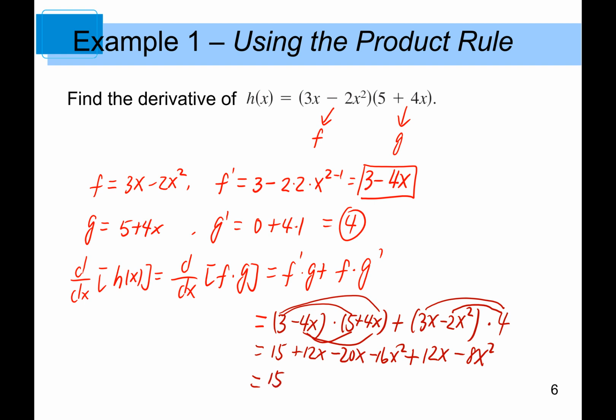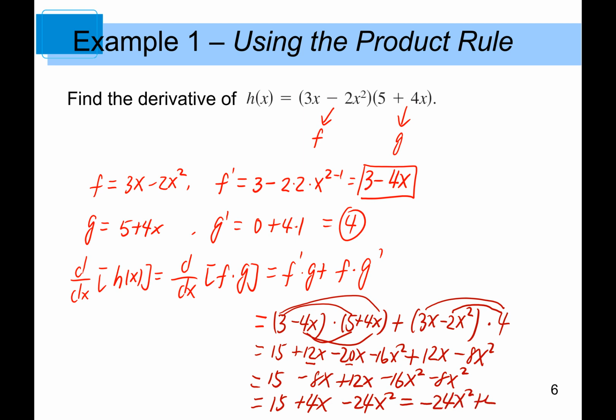So 15 remains. 12x minus 20x gives us minus 8x, plus 12x, minus 16x squared minus 8x squared. So this becomes 15 plus 4x (12 minus 8 is 4, so 4x), minus 24x squared. If you rewrite it in decreasing order in terms of x, that would be negative 24x squared plus 4x plus 15. So that's going to be the final answer.